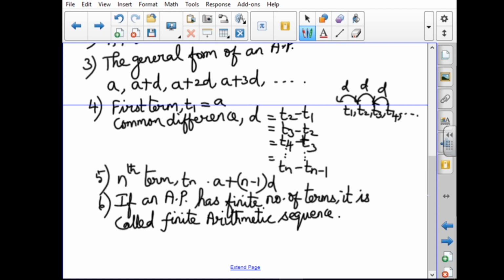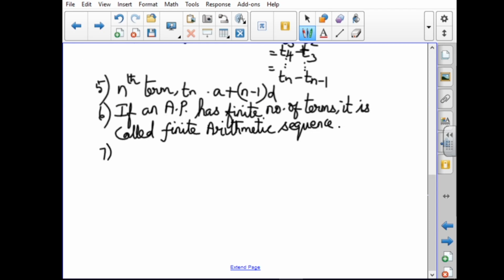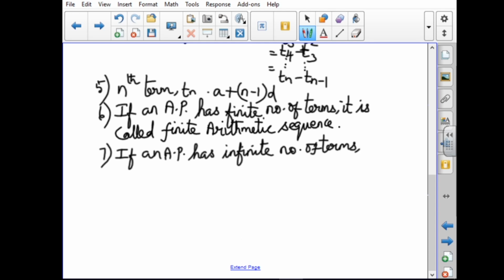The next one, if an AP has an infinite number of terms, or infinitely many terms, that is, the last term is not given. Here the last term will be given, whereas here the last term will not be given.